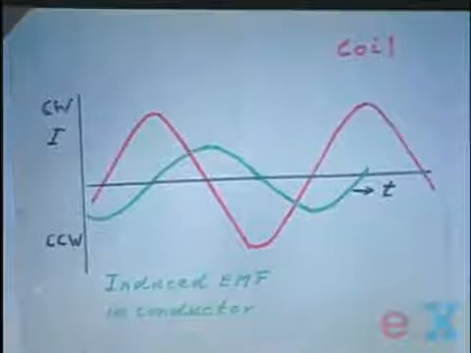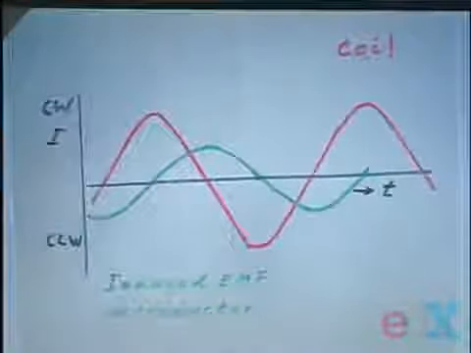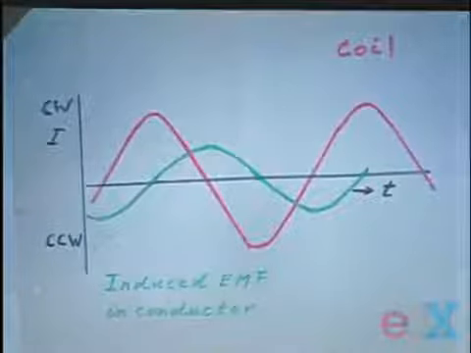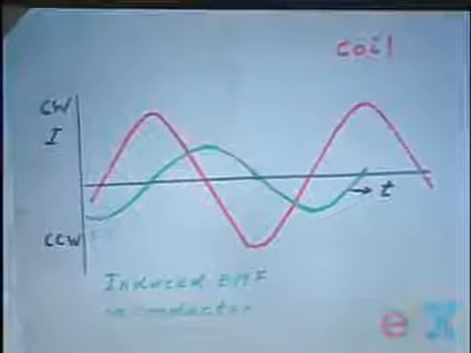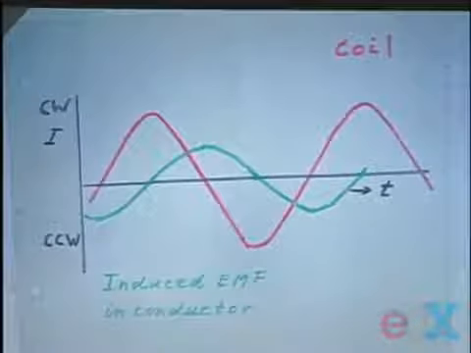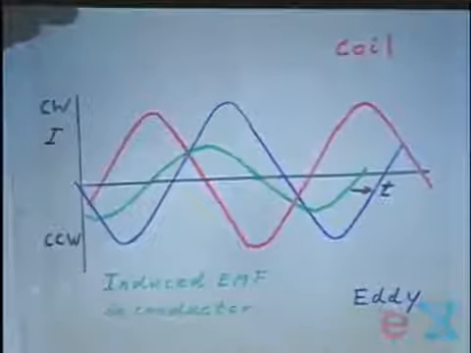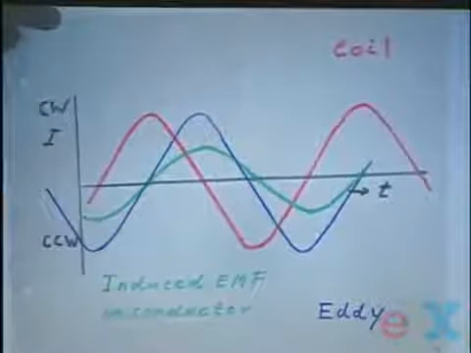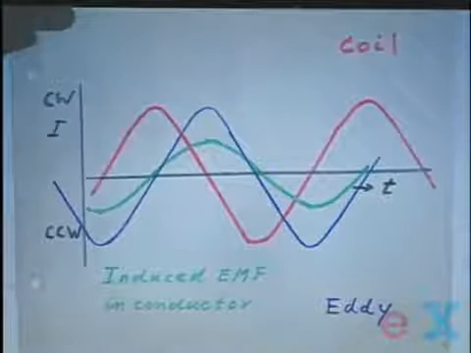And therefore, if the induced current and the induced EMF were in phase with each other, half the time you would have attraction, and half the time you would have that the two repel each other. And that won't give you magnetic levitation. Here, what you see is a blue curve which represents the induced current.